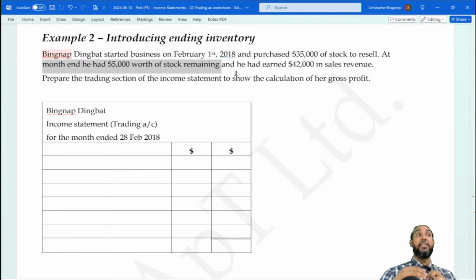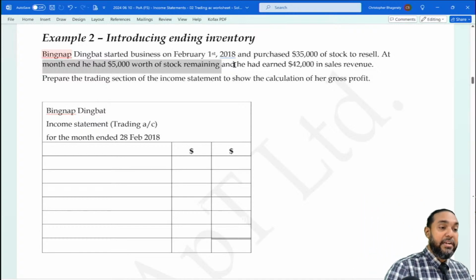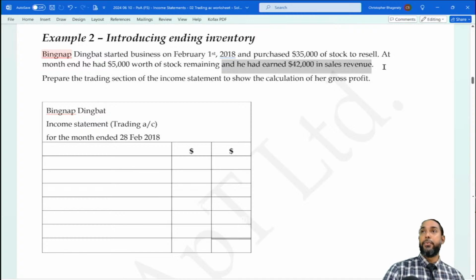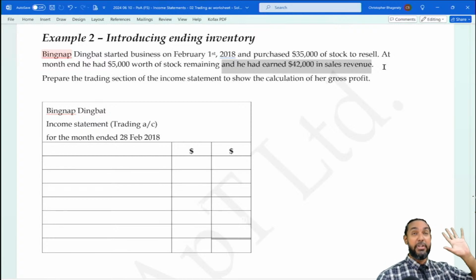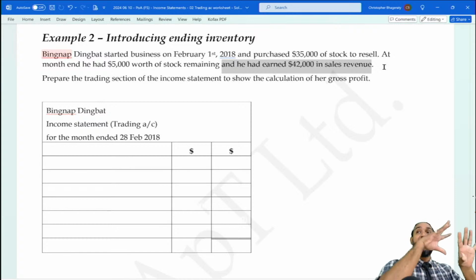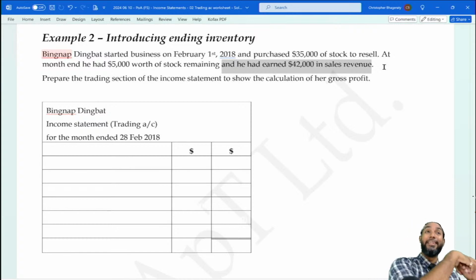So it means that's the 5,000 you didn't sell. So if you didn't sell 5 out of 35, the remaining 30 is what you actually sold. Make sense? All right. And he earned 42,000 in sales revenue. So that 42,000 was earned off of the 30,000 that was spent. Not the 35, because out of the 35, we didn't sell 5 yet. So you can't earn any money or any profit on what you didn't sell.